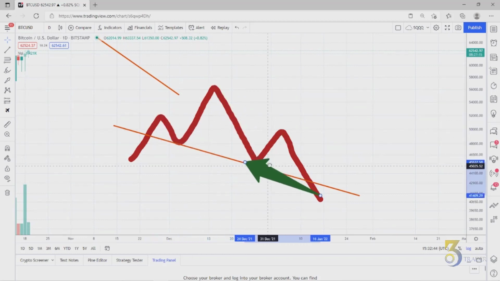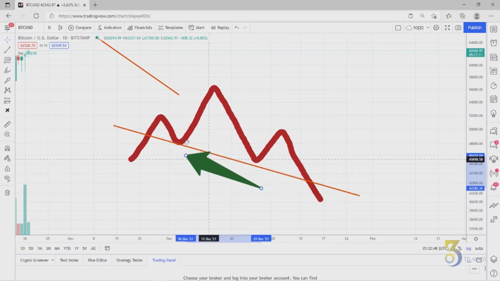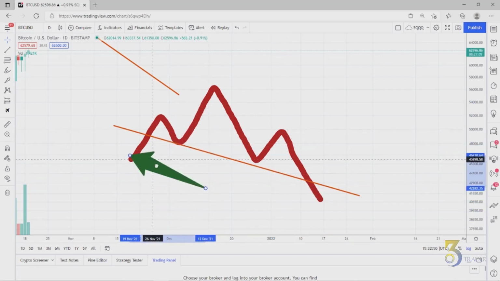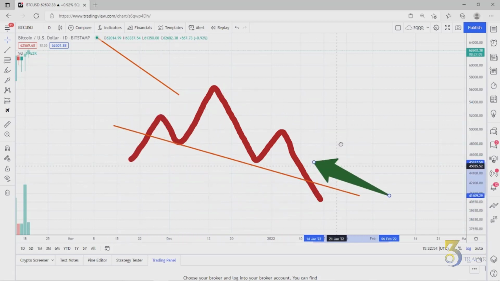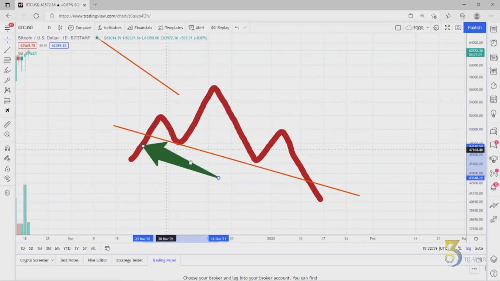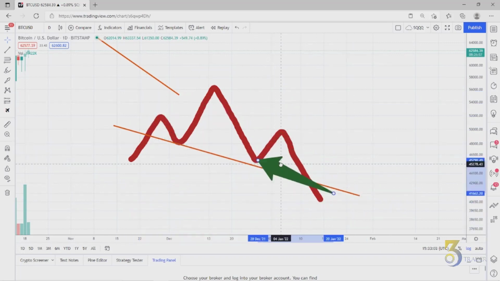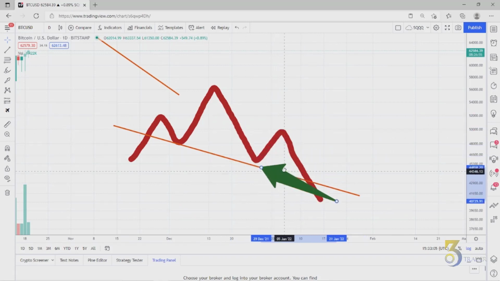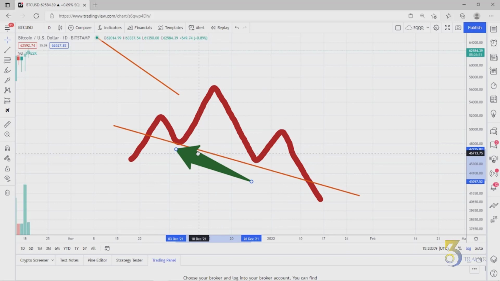So on this dip, because it came lower than this one, it's already driven out a lot of the longs. They're already out. So this pattern is going to be less effective because, in order for you to have the massive drop, you've got to take out longs. Well, a lot of them were already removed here on this first dip. A lot of these longs have been stopped out of the trade.